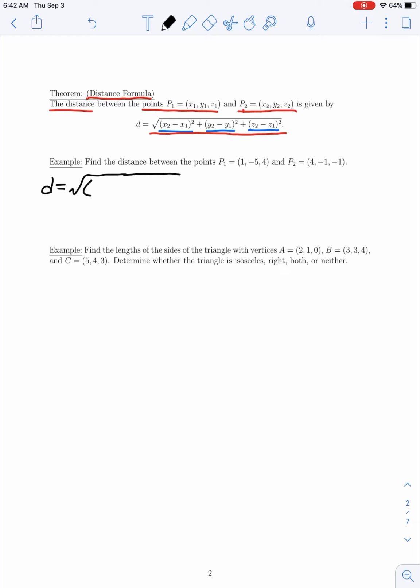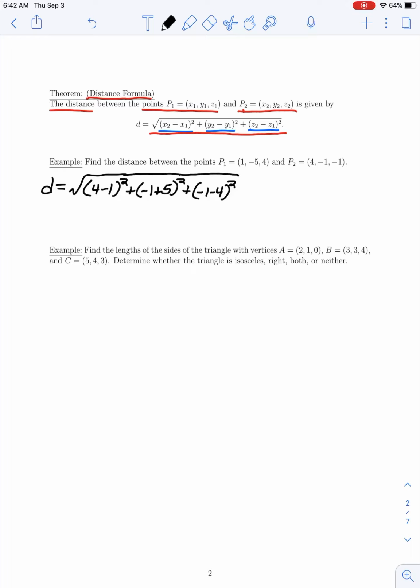So for the x coordinates, we would have 4 minus 1, squaring that quantity. Then we add, for the difference in our y coordinates, negative 1 minus negative 5, or plus 5, squared. Plus, for our z coordinate, we would have negative 1 minus 4 quantity squared.